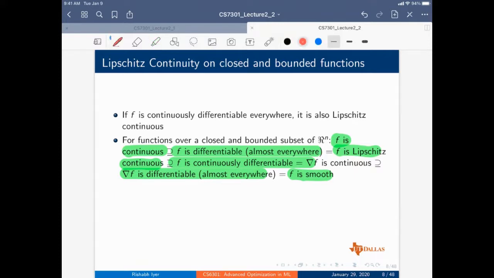So to summarize, you have a larger set, which is f being continuous, and a smaller set, which is f being differentiable, and an even smaller set, which is f being smooth. So f being smooth requires that the gradient of f is differentiable, and that is equal to f being smooth.